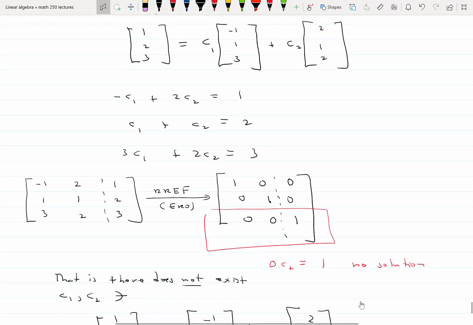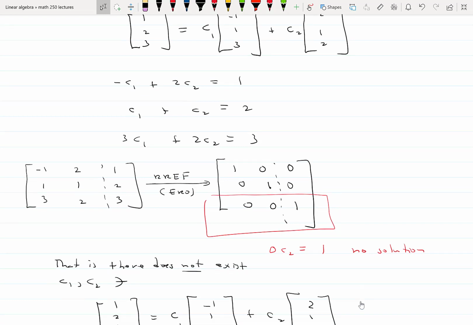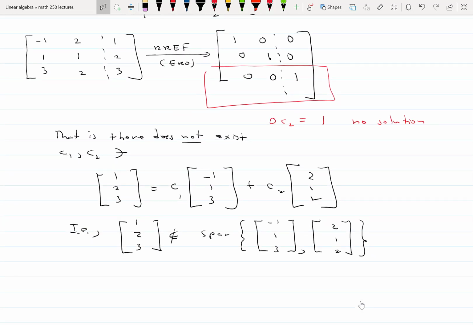In this case, I used brute force to solve the system and found that the system had no solution. Conclusion: there are no constants C1 and C2 that will put the column vector 1, 2, 3 in R3 in this span. So it's not in there.